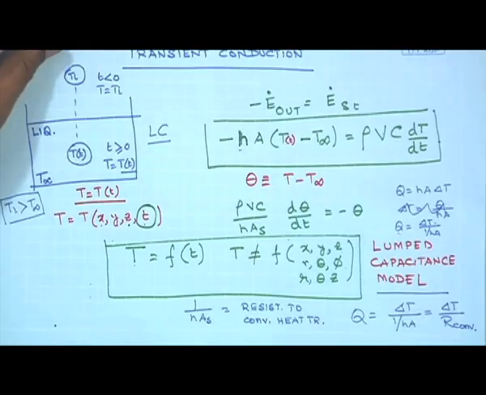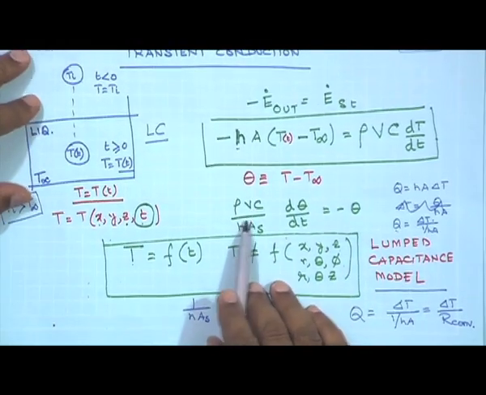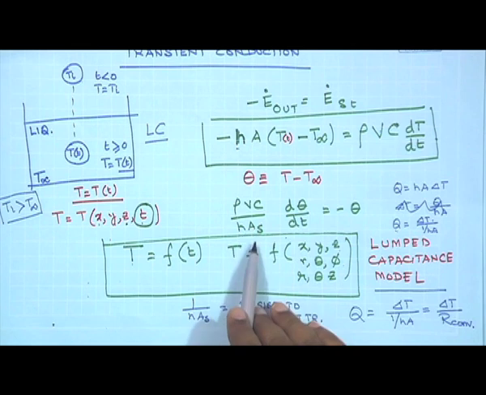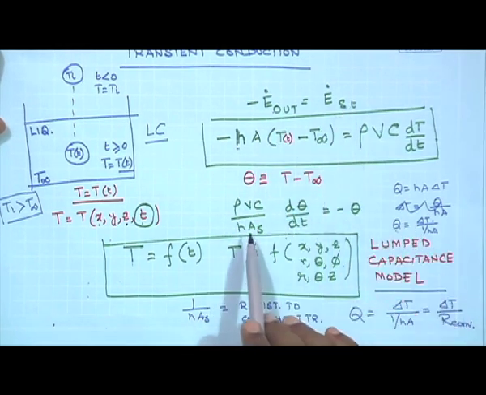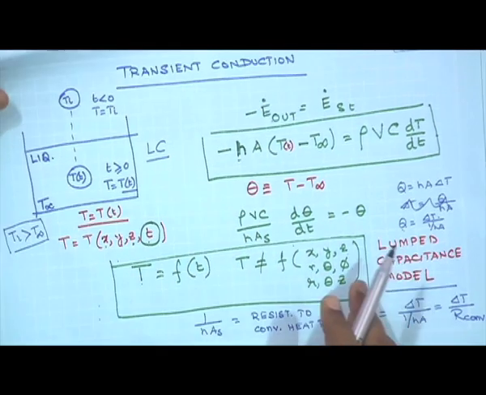Now, I go back to this formulation, where we know that rho V c dθ/dt is the governing equation which we have written. This is essentially E dot out is equal to E dot stored, and you get this expression.